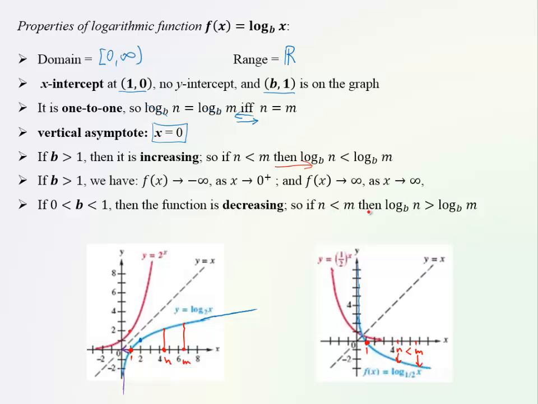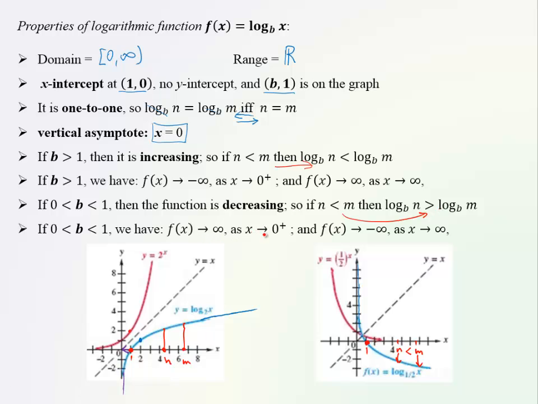So the inequalities reverse. That's important to remember. For bases bigger than 1, the inequalities are preserved. For bases between 0 and 1, the inequalities will be reversed when you apply log to both sides of the inequality.